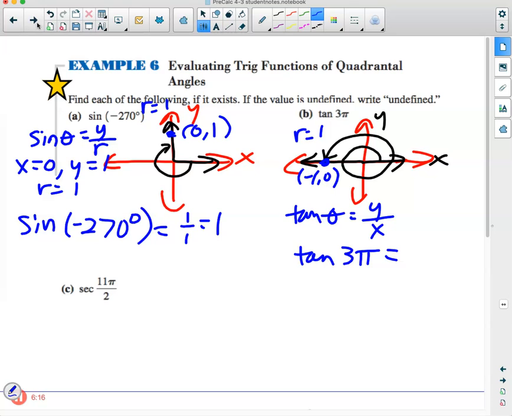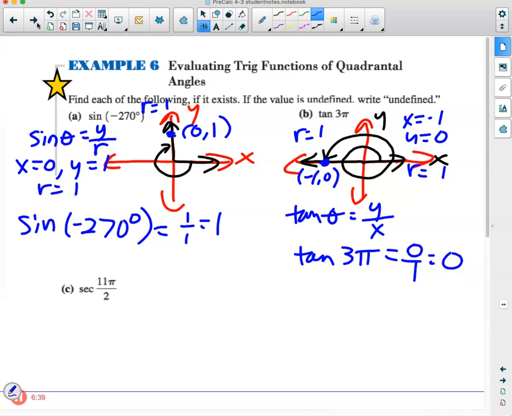Well, y is 0. X is negative 1, y is 0, and r is 1. So we're going to put 0 over 1, which is this 0. Having a 0 in the numerator is fine. It's 0. It's the denominator that we have to worry about.